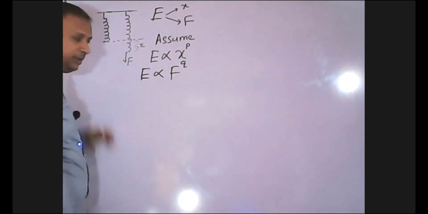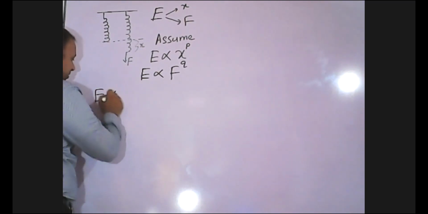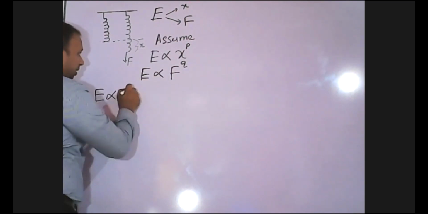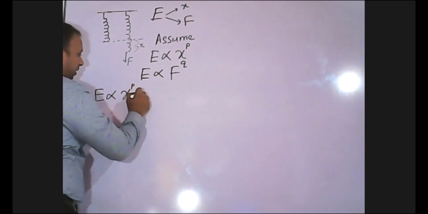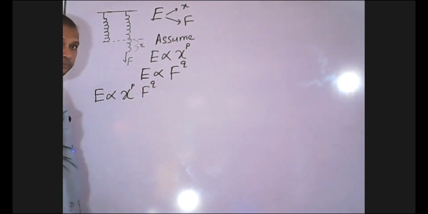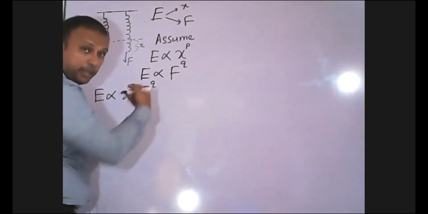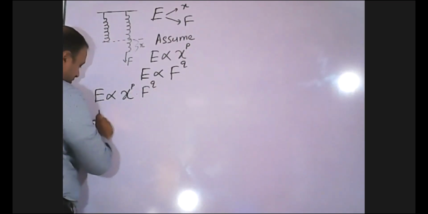So I can combine these two relationships. From that I can write E is directly proportional to the product of these two, x to the power p into F to the power q. So I can convert this relationship into an equation.